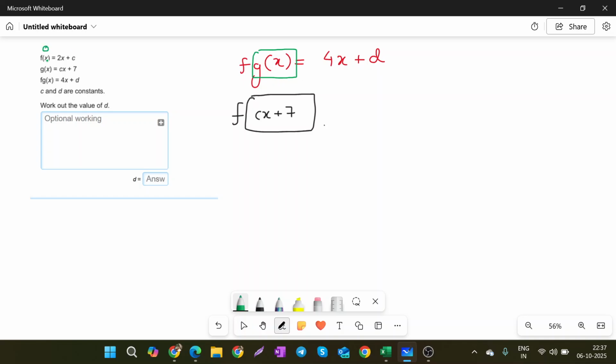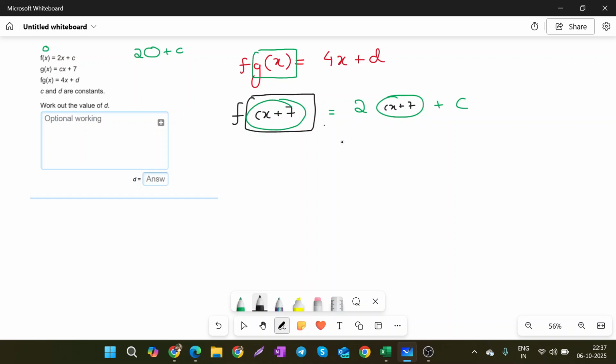Well, if you have an input, it does 2 times that input, then it adds a c. So if I think of this whole thing as my input, we're going to do 2 times that and then plus c. And then what is inside that bubble? That should be cx plus 7.